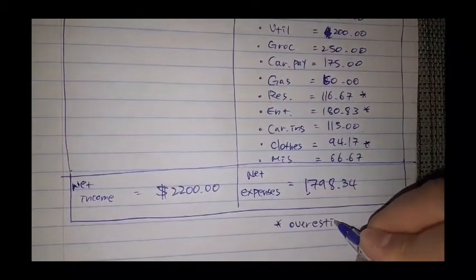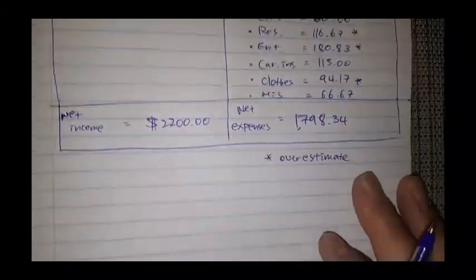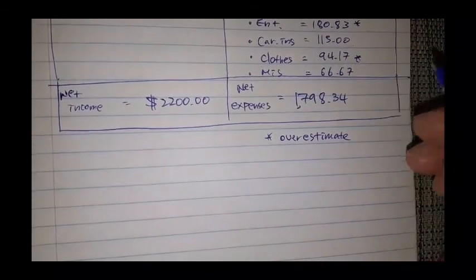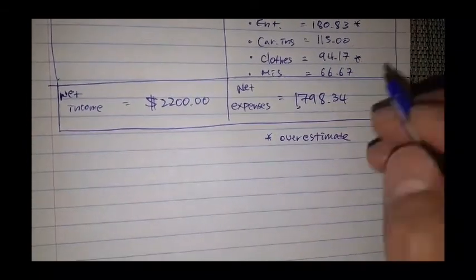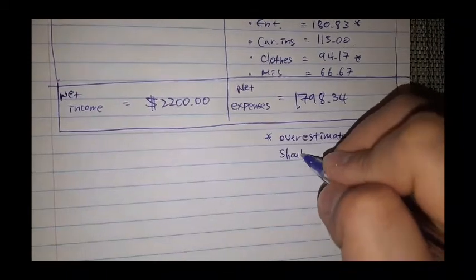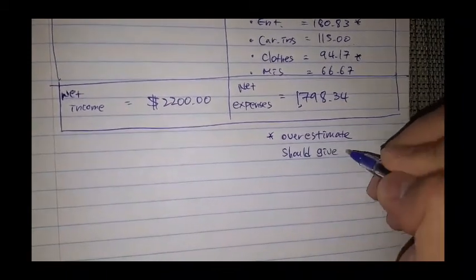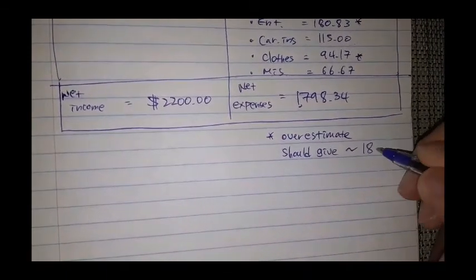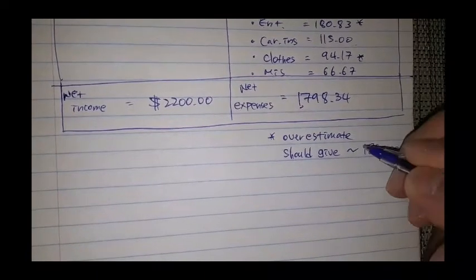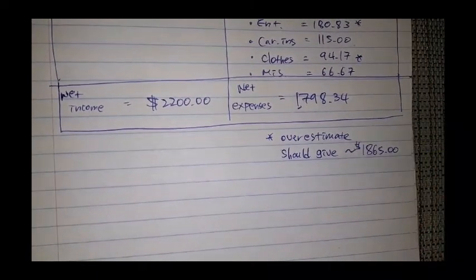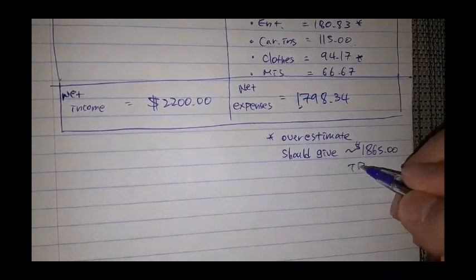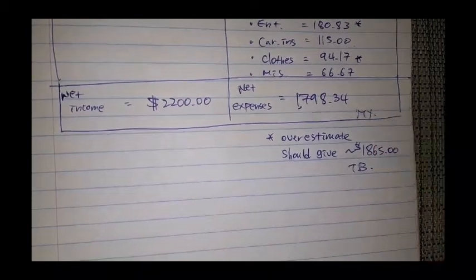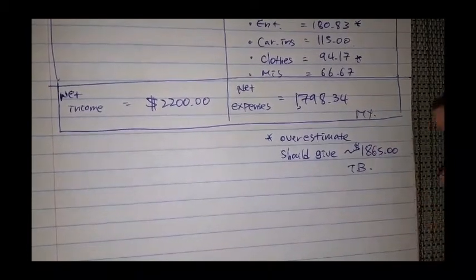If you round it up to 100 instead of 94, something like that, it should give about 1,865 if you overestimate your expenses. That is the textbook answer. That is my answer. So it is your choice which one you want to go with.